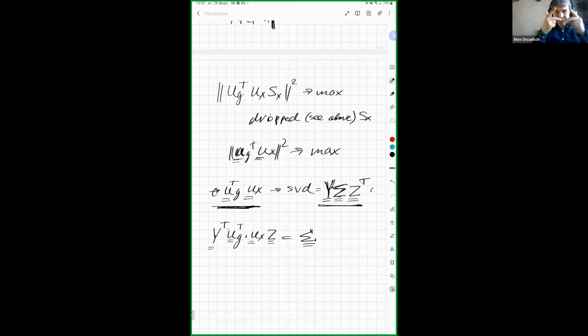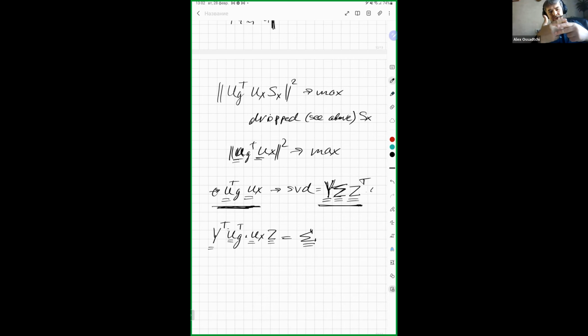This is UX. Okay. You are rotating both of them in such a way that after rotation, you get a diagonal matrix. It means that you are finding in this space such a configuration that none of these rotated guys project on each other, right?